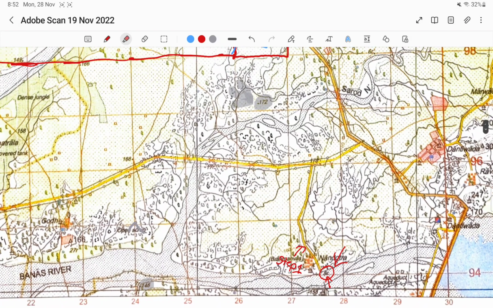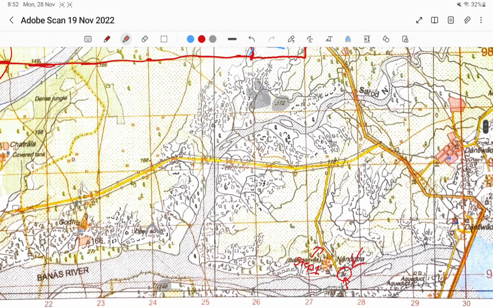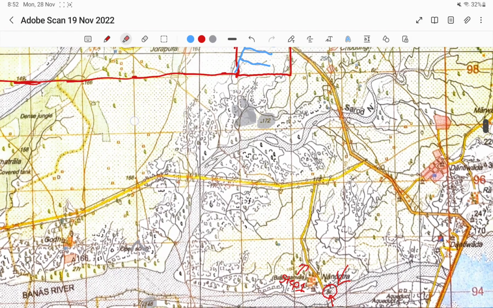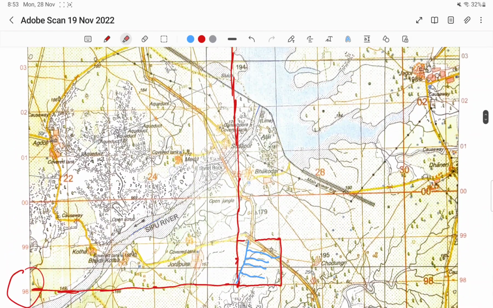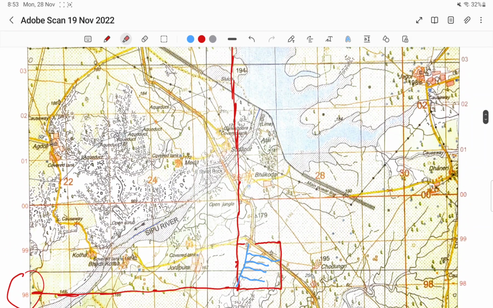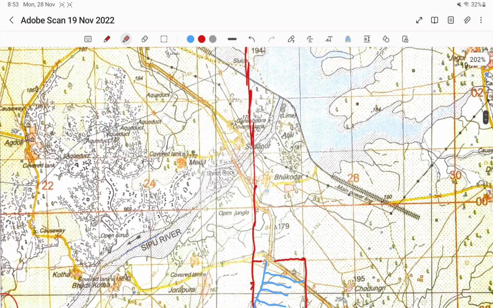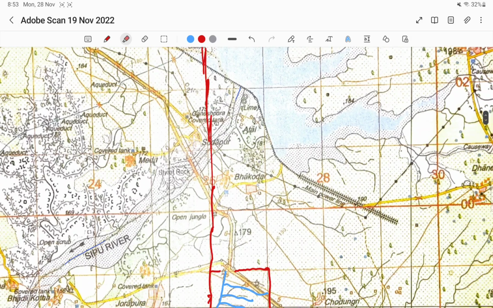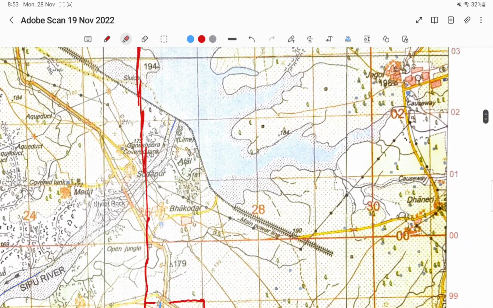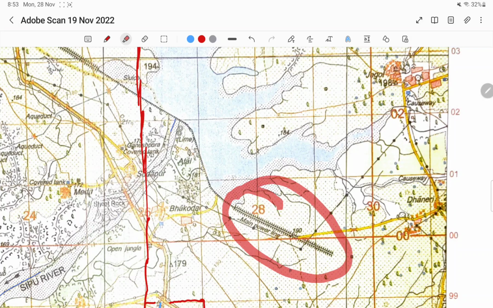Alright, let me spot it out for you. One of them you can easily see over here. This one. And the other one will be over here.